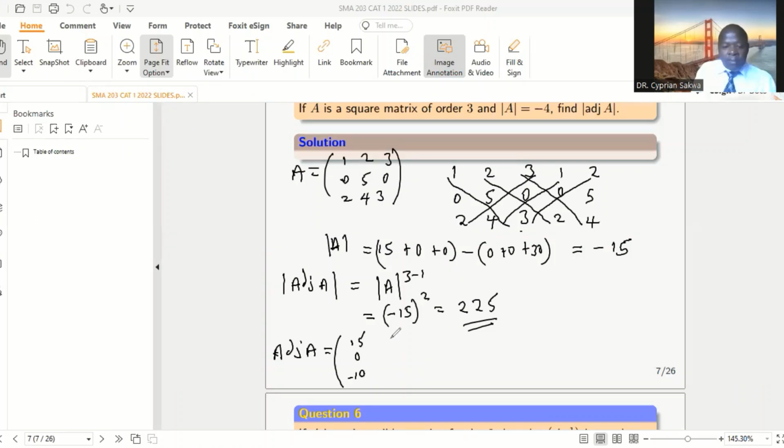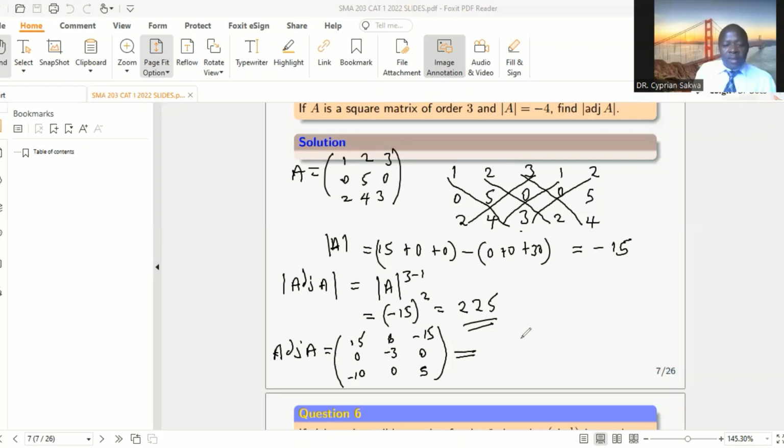This was 6, negative 3, and this one was 0. This was negative 15, this was 0, and this was 5. You can go back to question 4 and find what the adjoint was, but I think this was our adjoint. Then try and find its determinant.